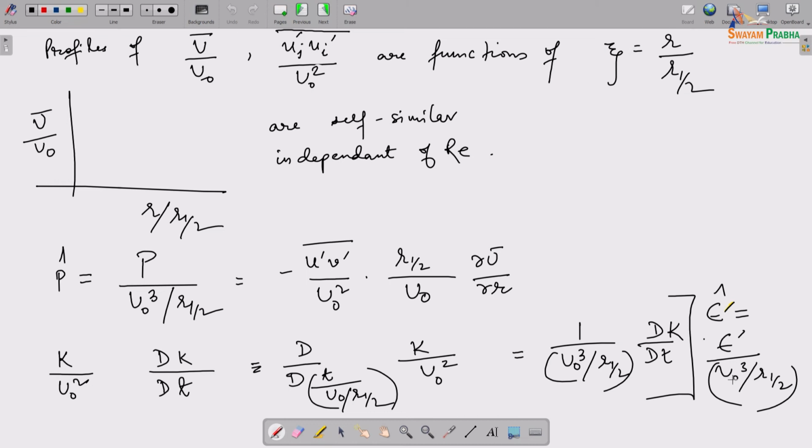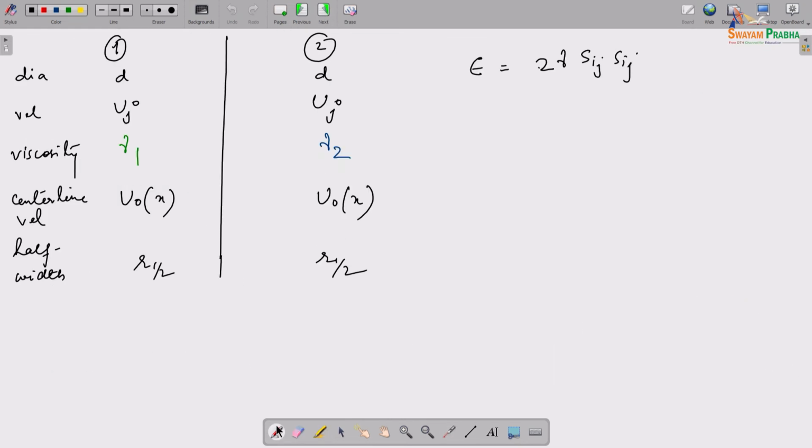So essentially, I said this. So let's say epsilon 1. It's going to scale. This is the turbulent part, so this is going to scale with u naught cubed by r half.